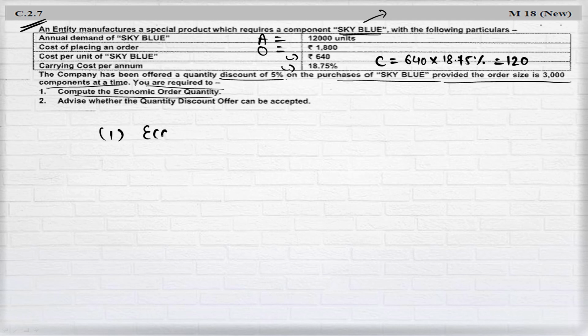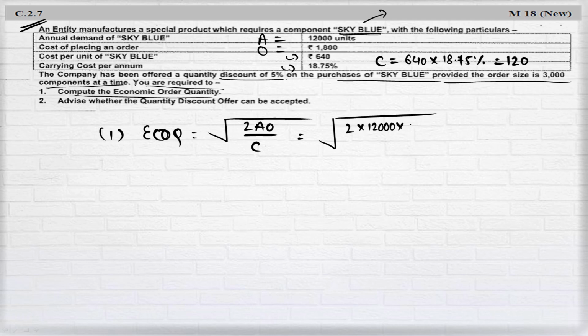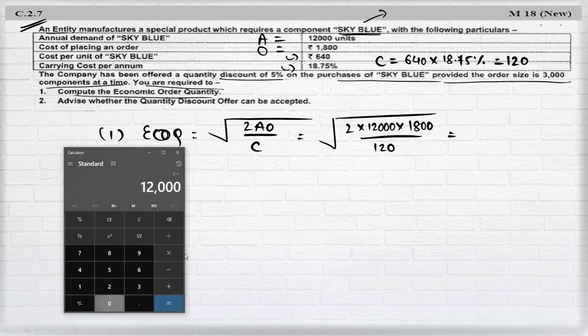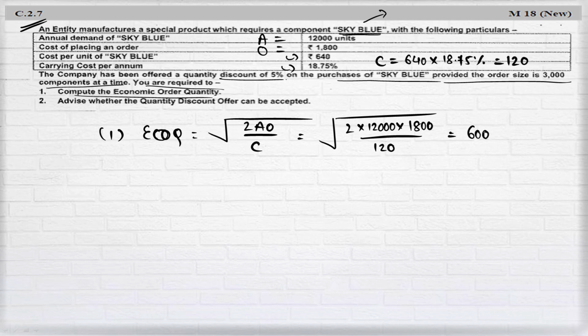My first answer should be EOQ, which is under root 2AO divided by C, which is 2 into 12,000 sky blue into 1800 divided by 120, under root. That is 600 units of sky blue.